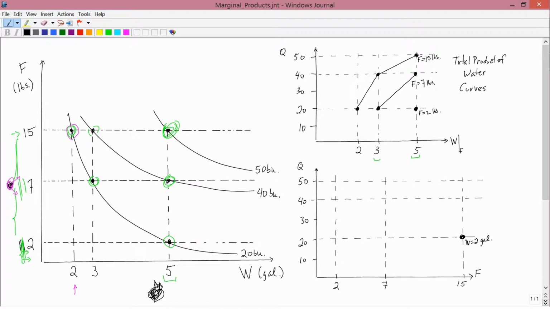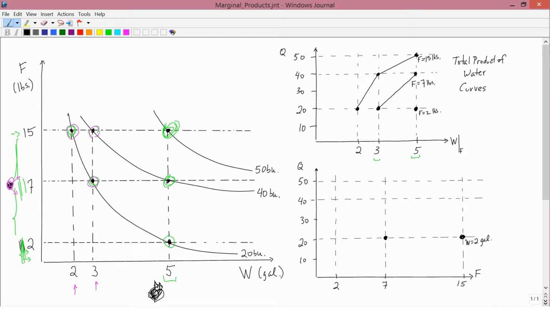Next, what happens when we keep W fixed at 3? We have two observations, this one and this one. The first observation says that at 7 pounds of fertilizer, you can produce 20 bushels of corn.